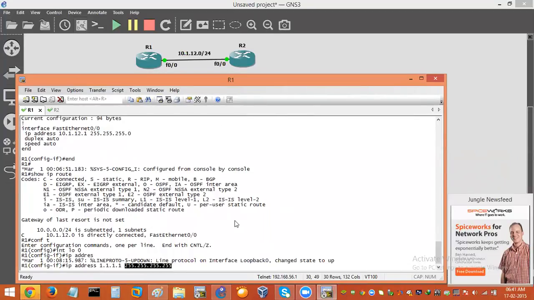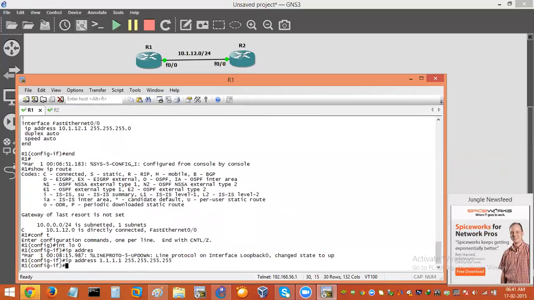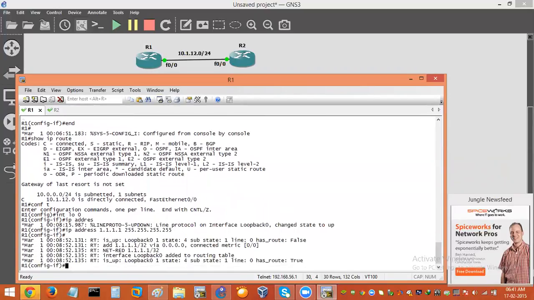So this time it is going to add a route via loopback 0 interface as 1.1.1.1/32, because I'm mentioning my subnet mask is /32. That's what you can see in the debug output, adding 1.1.1.1/32 via myself, and I'm adding to the routing table.